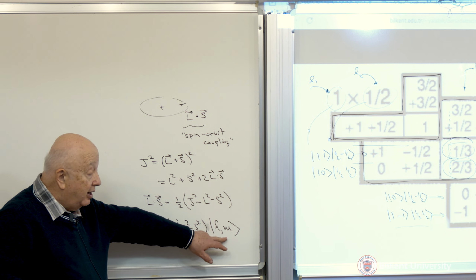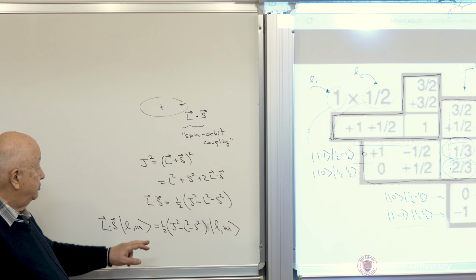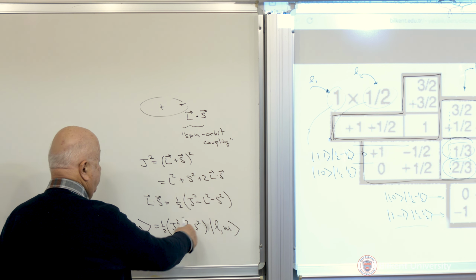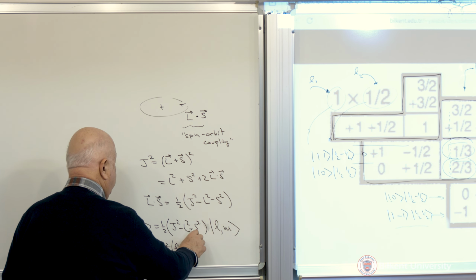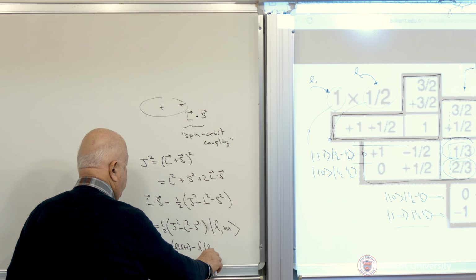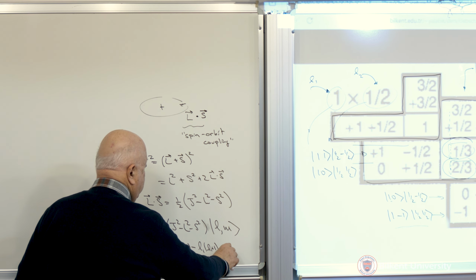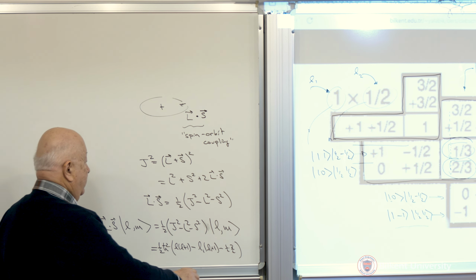But now this is an eigenstate of all of these operators, right? So this is going to give me 1/2 h bar squared, because everything will give me an h bar squared, times j(j+1) minus l(l+1), and spin is always 1/2 times 3 over 2, so 3 over 4, times |l m>.